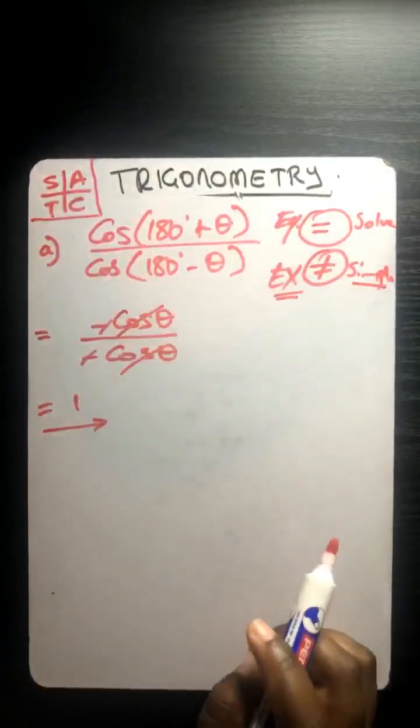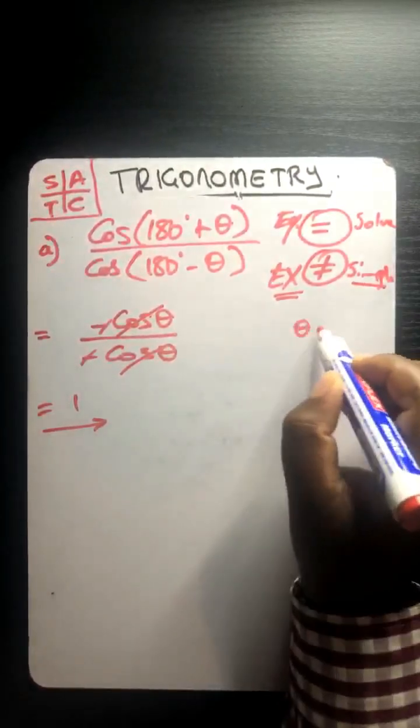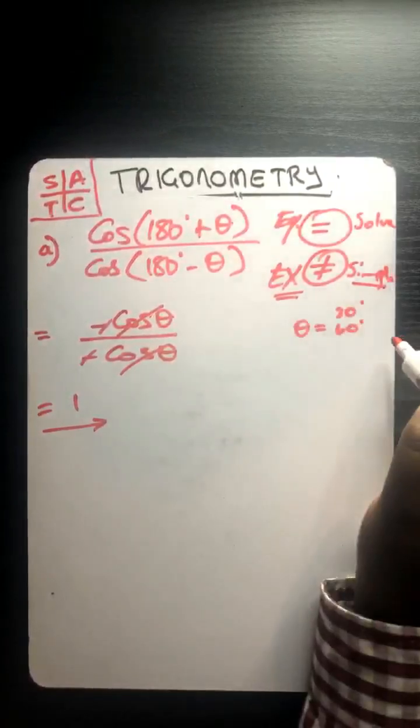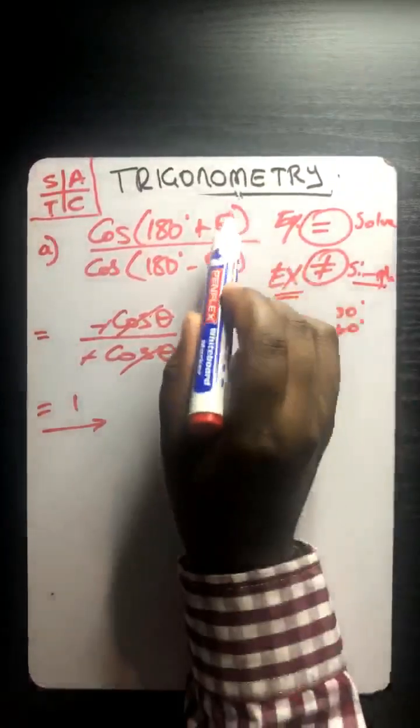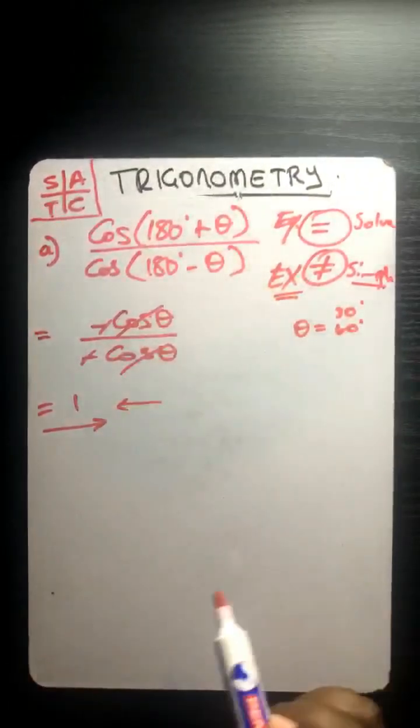So how do you prove if your final answer is correct? Where you see angle theta, one can substitute 30 degrees, or maybe 60 degrees. So substitute 30 there, punch and check if you get 1. If you do, then we move on to the next question.